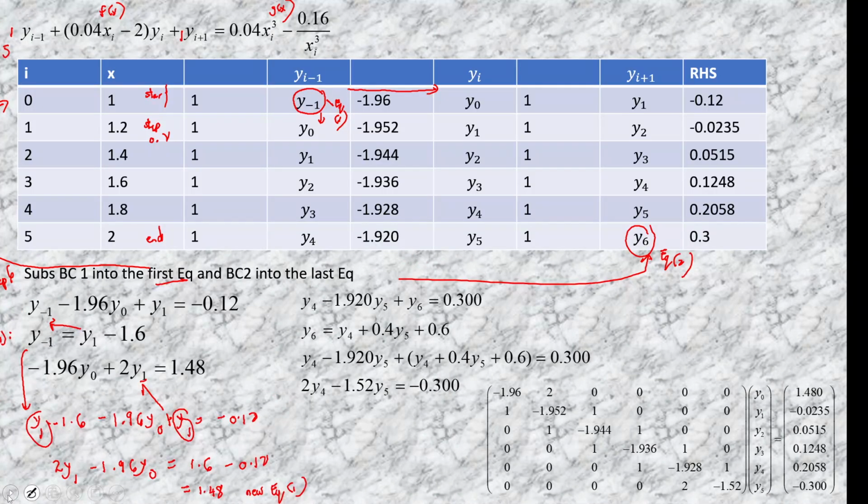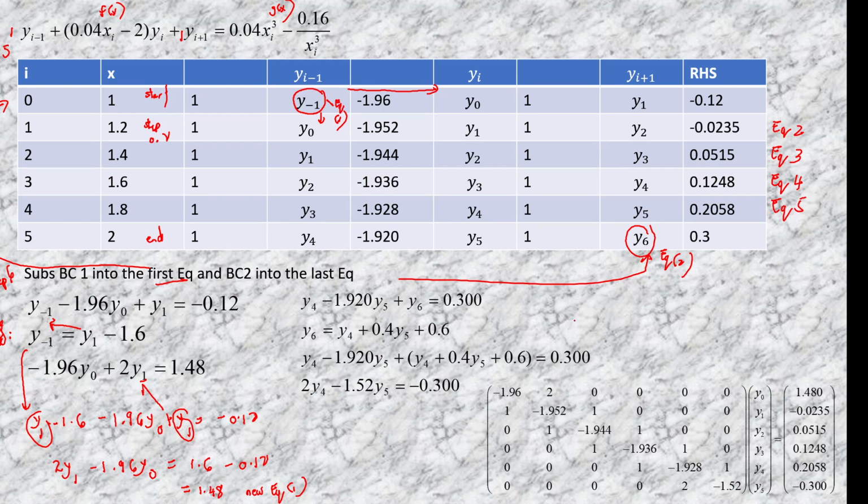So from equation star, you eliminate y minus 1. So you get the latest equation 1. Then this is your equation 2, equation 3, equation 4, equation 5.